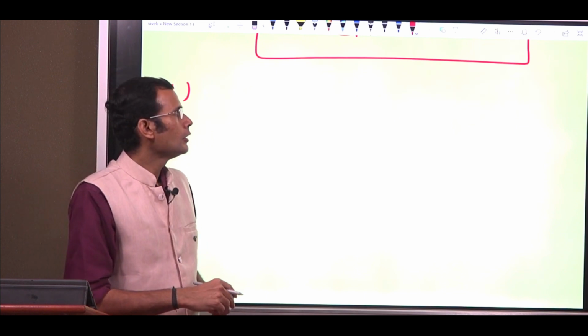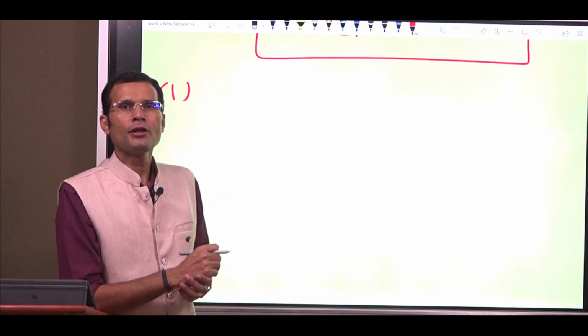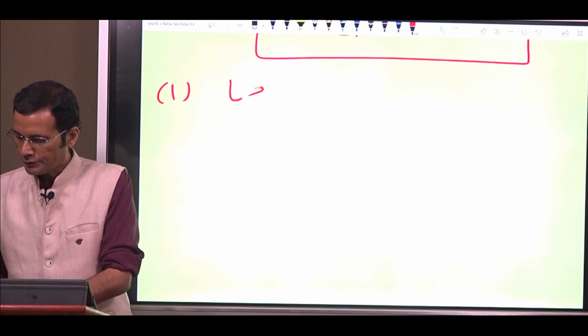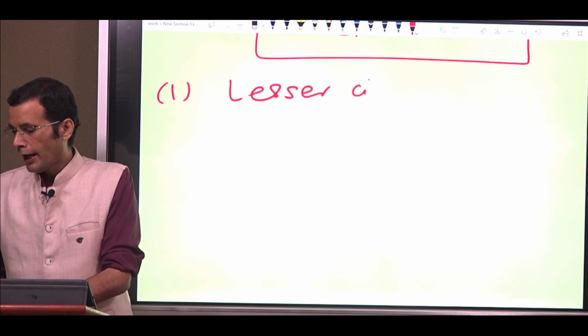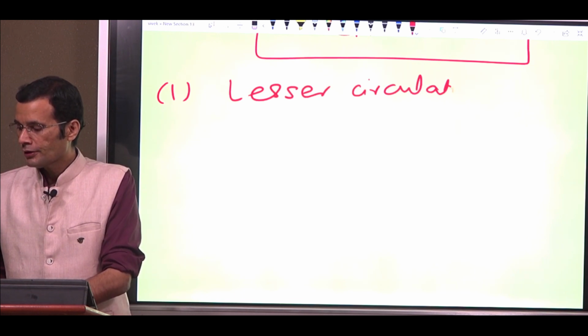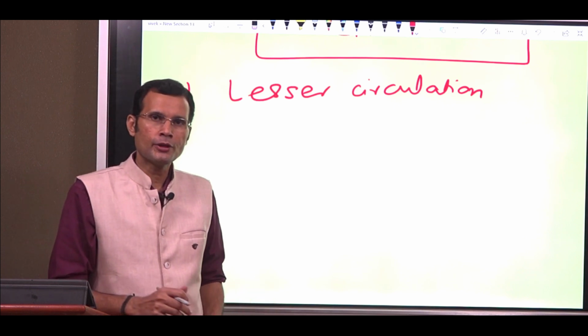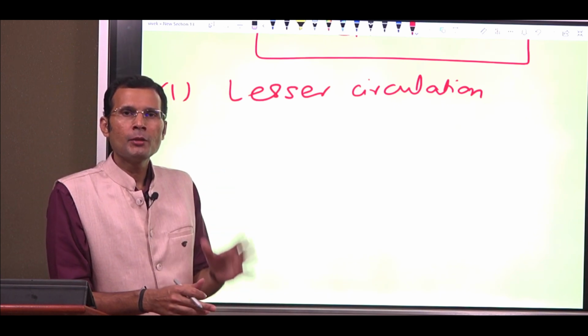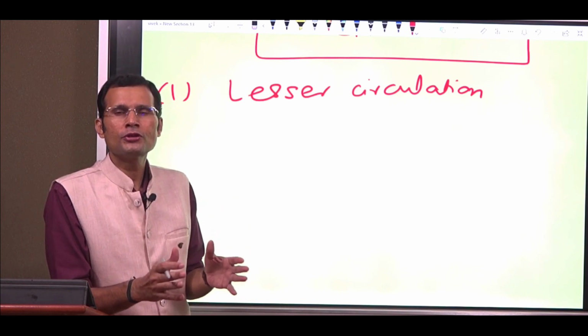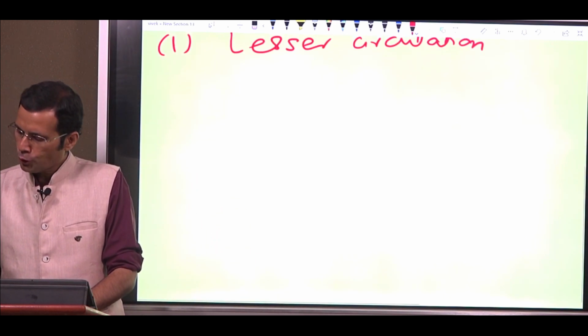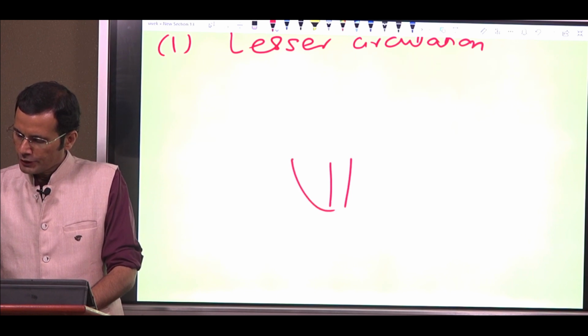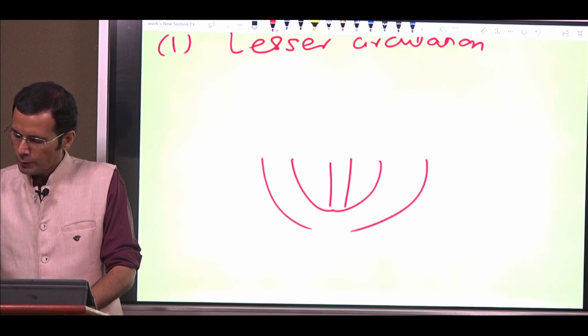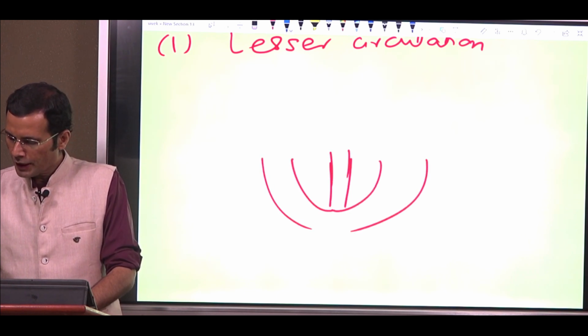First point, pulmonary circulation is called the lesser circulation and the systemic circulation is called the greater circulation, simply because pulmonary circulation is a short route circulation. As you all are aware, the right ventricle pumps the blood into the pulmonary artery.